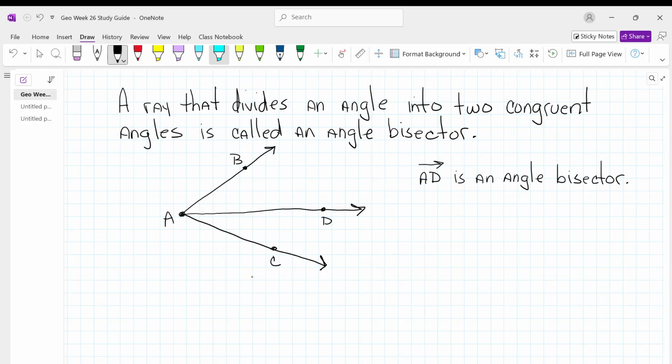Those are equal to each other. They're congruent to each other. Those are the two congruent angles. So we're going to say that the measure of angle BAD, here's your symbol for congruent to, it's an equal sign with a squiggly line on top of it. Angle BAD is congruent to the measure of angle DAC.